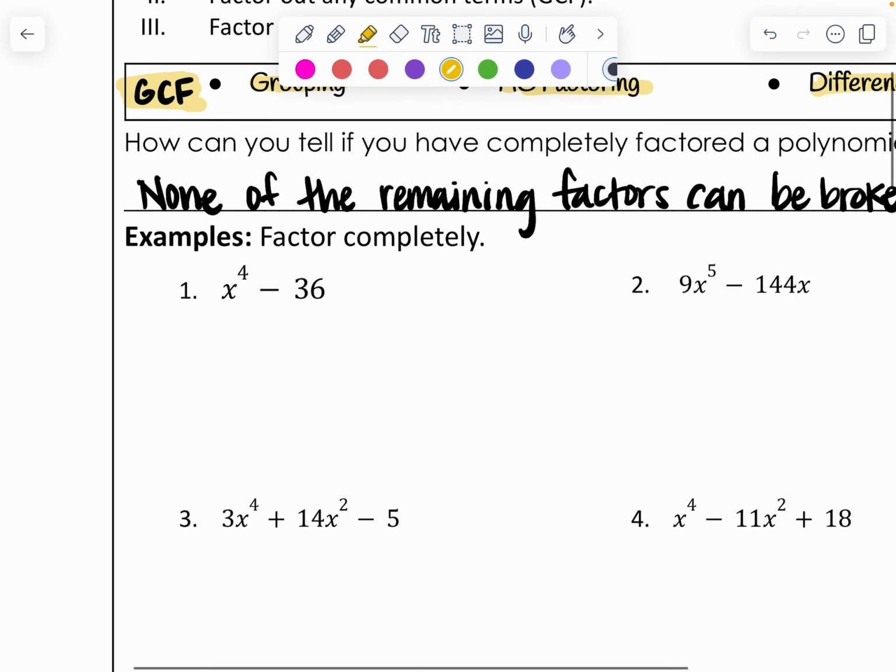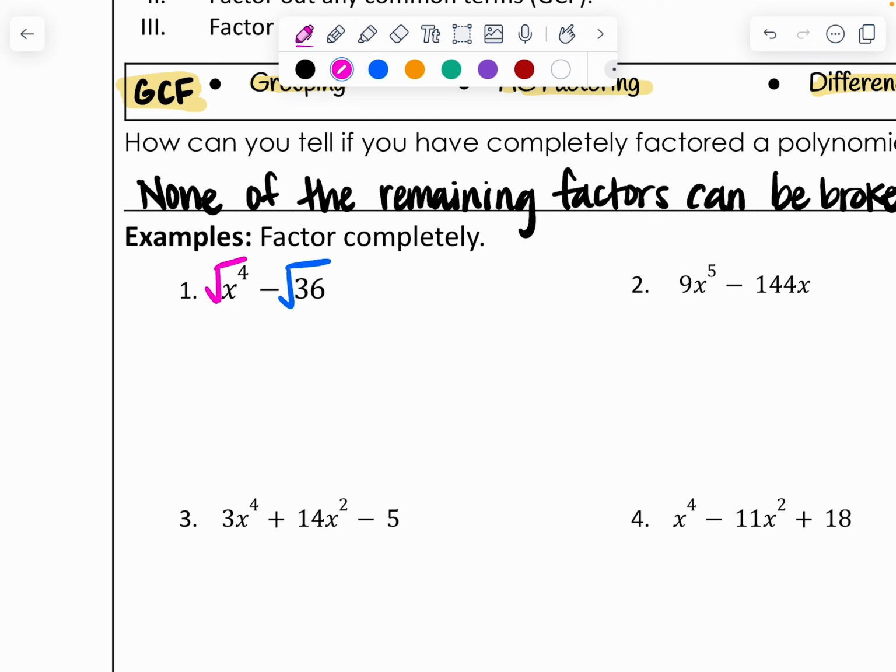Okay. So looking at this one, I can tell right away that this is a difference of squares because we can take the square root of x to the power of 4, and we can take the square root of 36, and there's a subtraction sign.